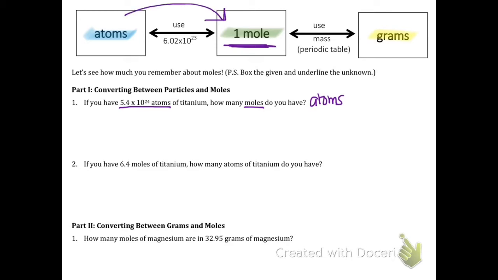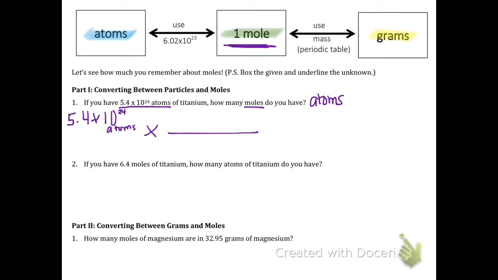So that means I'm only going to need one fraction. Okay, so let me erase this. So you always write the number that you're starting with. 5.4 times 10 to the 24. Okay, whatever number you start with, that's the number you write.